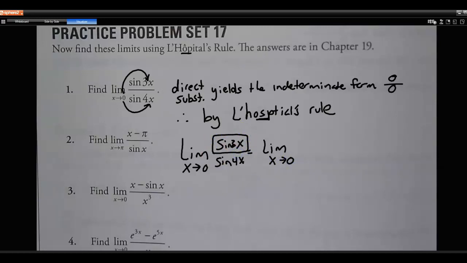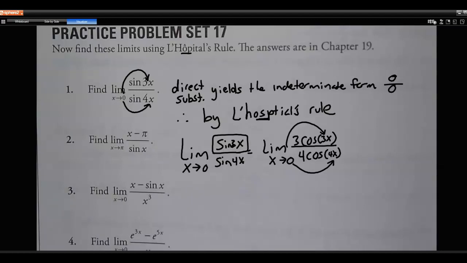The derivative of sine is cosine. And then the derivative of the inside is 3. And same thing on the bottom. Derivative of sine is cosine. And the derivative of the bottom is 4. And then we do direct substitution again. Now if you get another indeterminate form, you just do L'Hopital again. But in this case, that's not going to happen.